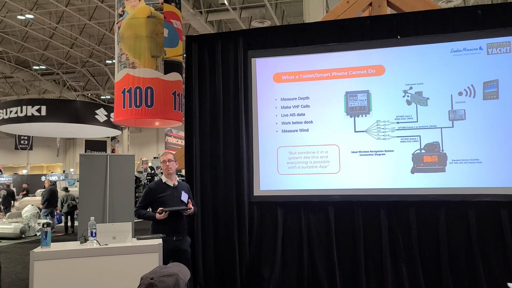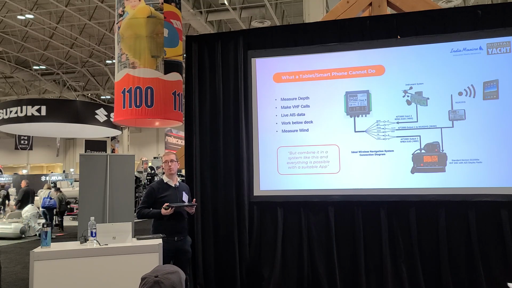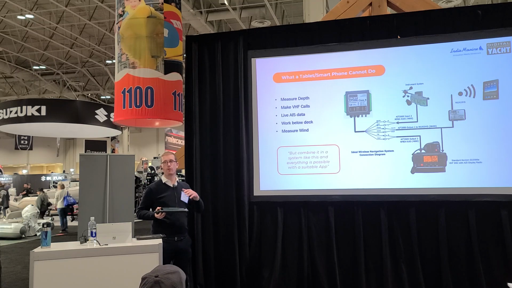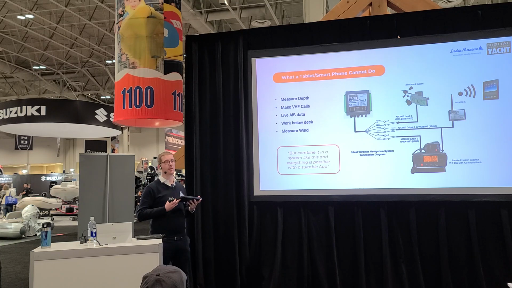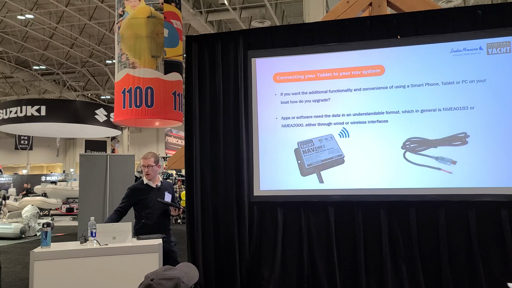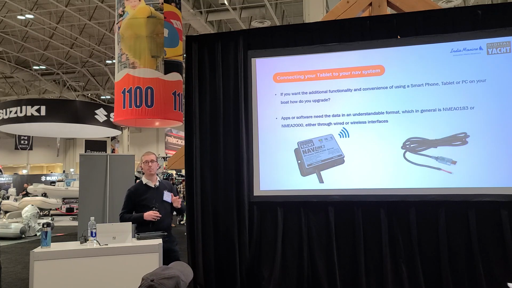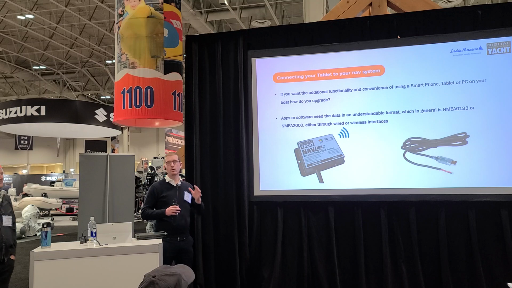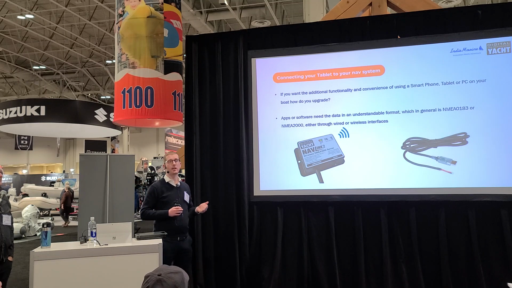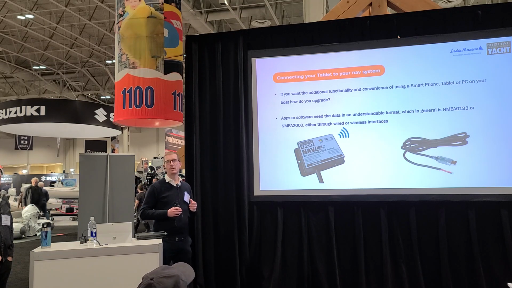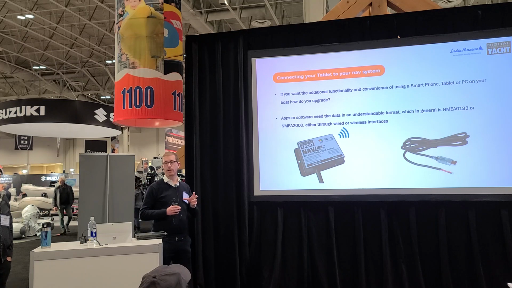But by connecting a tablet to your equipment on board, whether it's 25-year-old equipment or a brand new B&G system, your tablet can be connected to your navigation system. So how do we do that? As most of you must be aware, all the equipment systems, whether it's B&G, Simrad, or Raymarine, are using a format called NMEA.